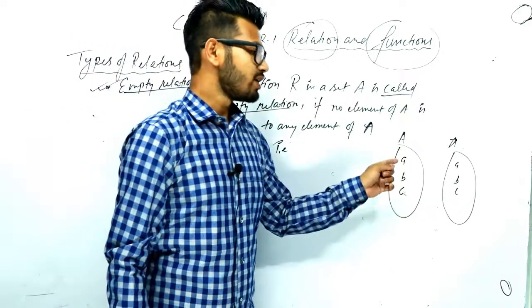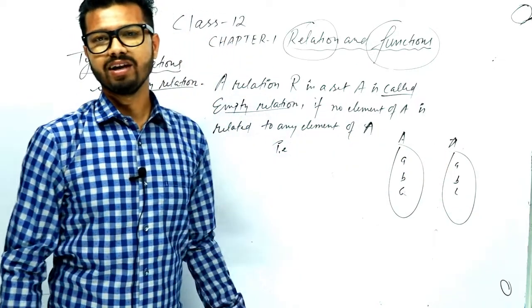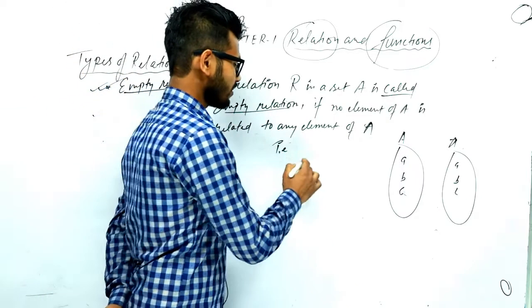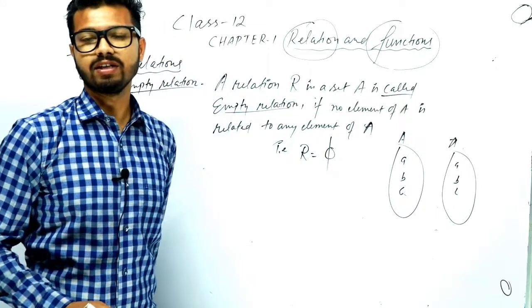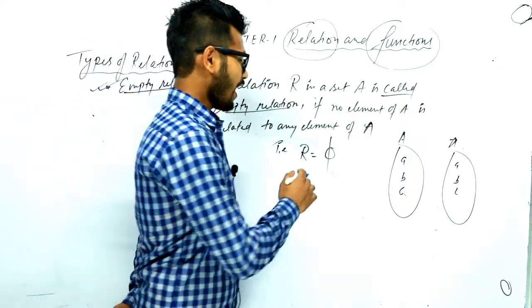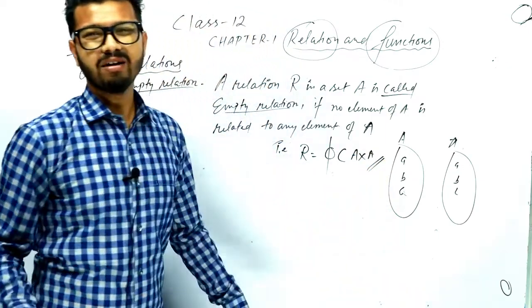Not a single element of the domain is related to any element of the codomain. That means the relation is phi, there is no element present in this relation. This phi belongs to A cross A, and this is the simple definition.